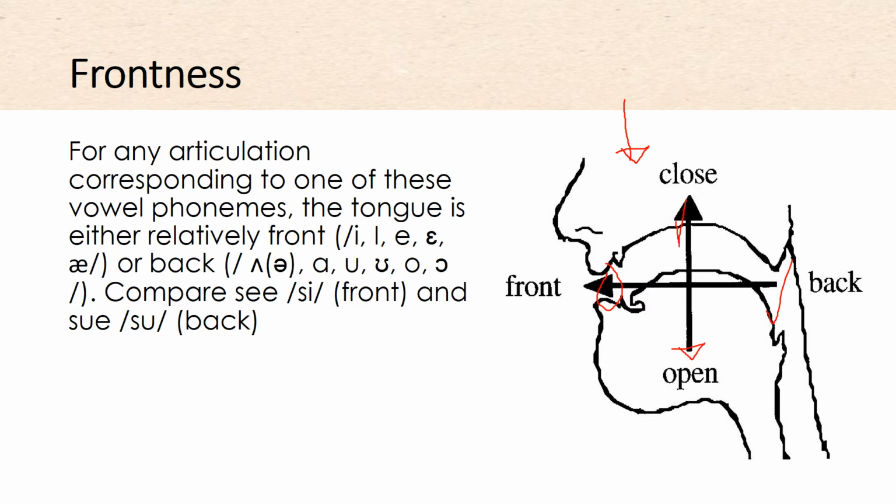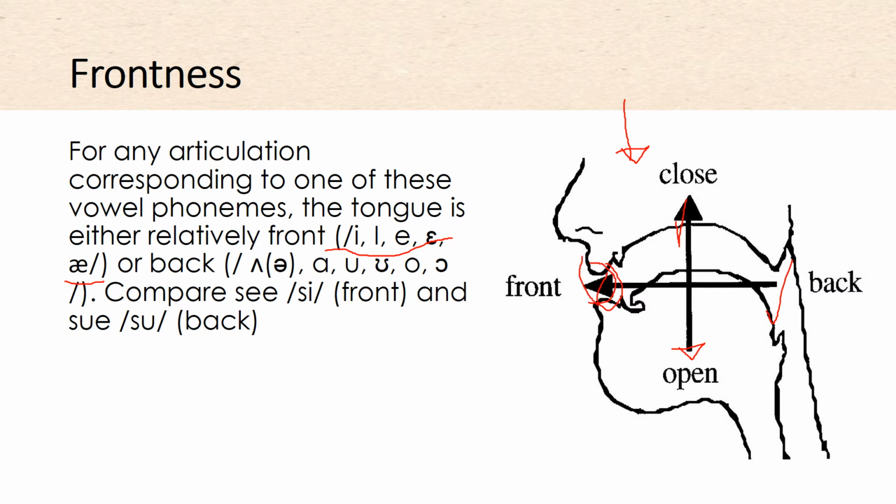Now, let us try to observe the movement of our tongue when we produce these vowel sounds. So again, these are the E, the I, and the A. Okay? So you can observe from that our tongue is in front. It is closer to the opening of the mouth.